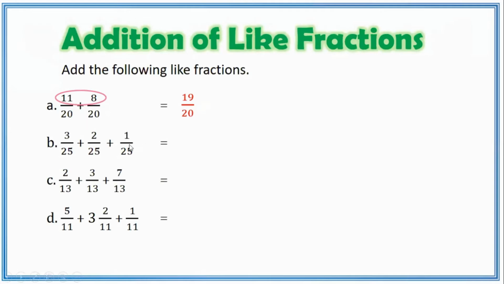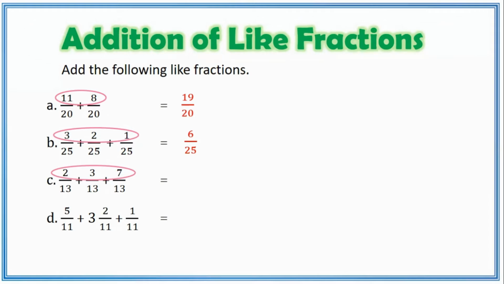For letter B, 3 plus 2 plus 1 is equal to 6. And then, therefore, the answer is 6 out of 25. For letter C, 2 plus 3 plus 7 is equal to 12.